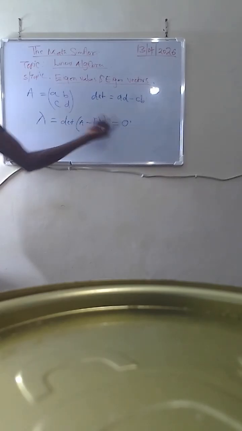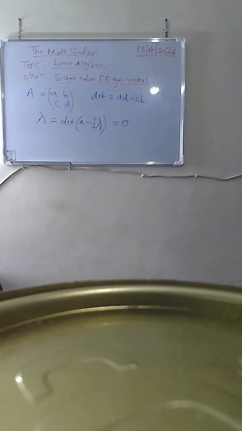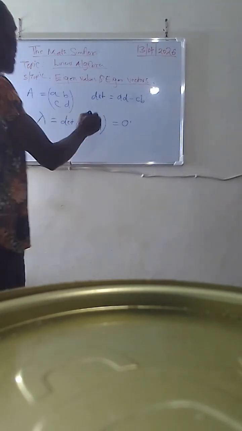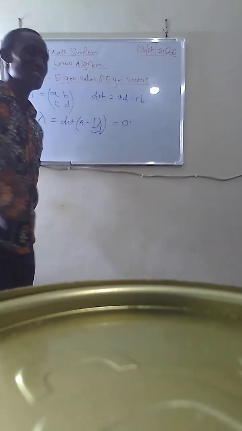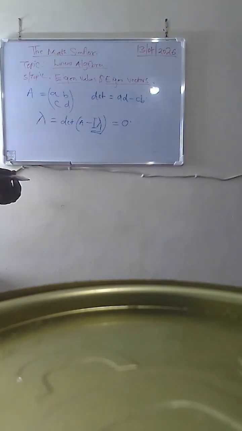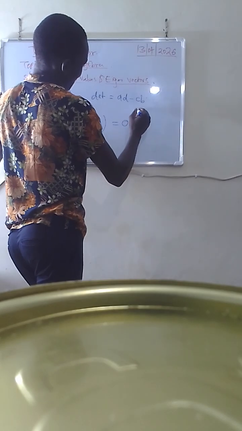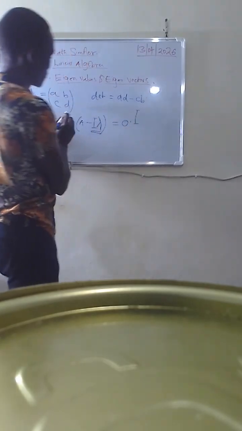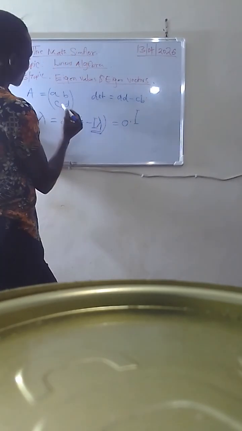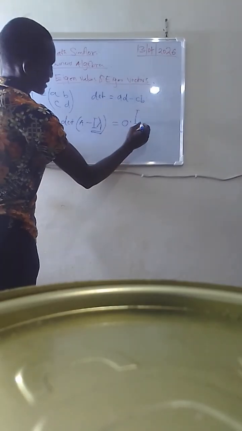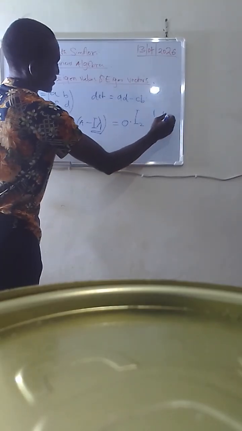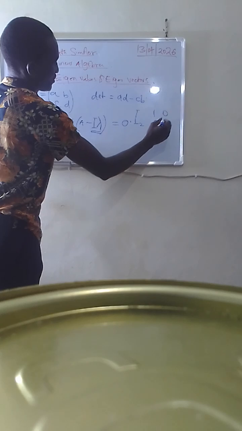This is the formula for finding the eigenvalues. I know this point gives you some problem. For a 2 by 2 matrix, the identity is 1, 0, 0, 1.